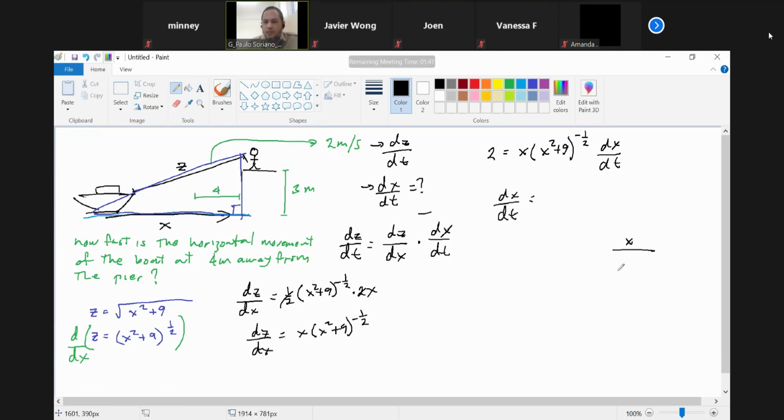That is now 2 times (x squared plus 9) raised to 1/2, divided by x. And this is now going to be evaluated where x is equal to how far? 4.